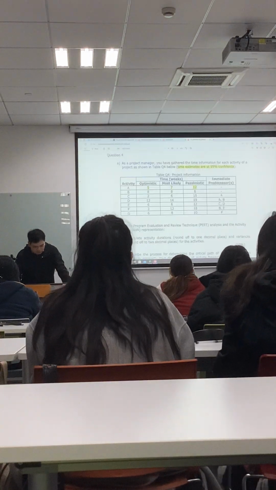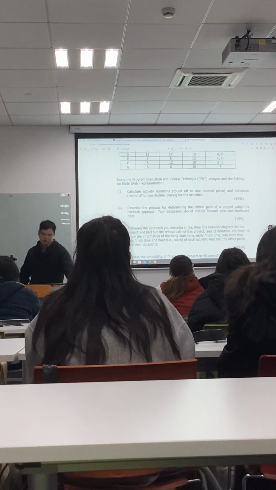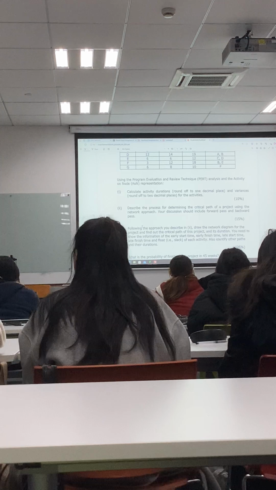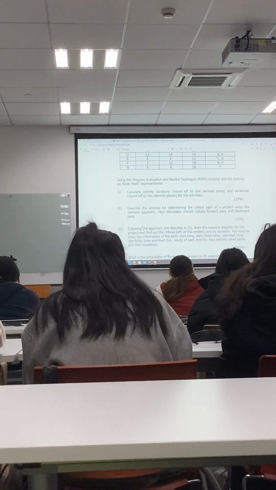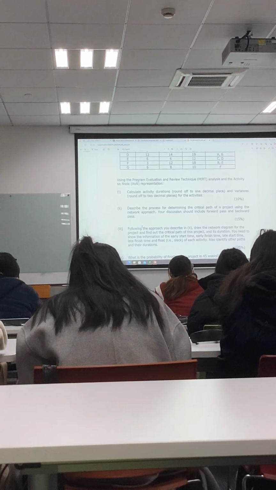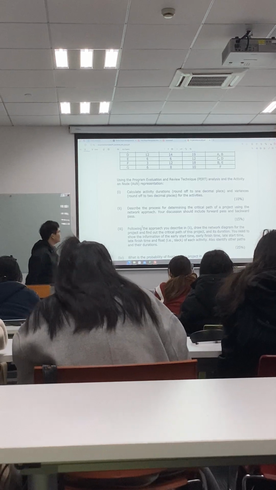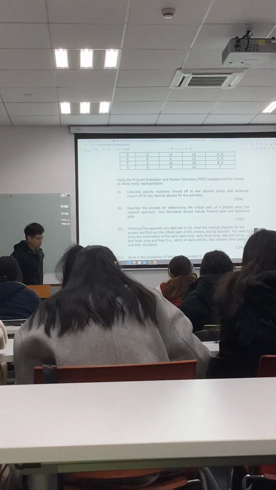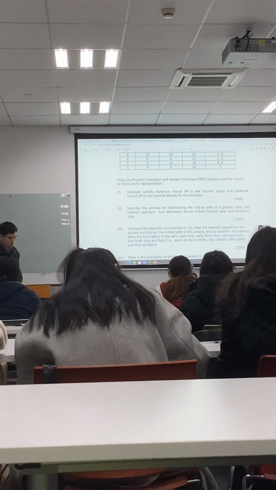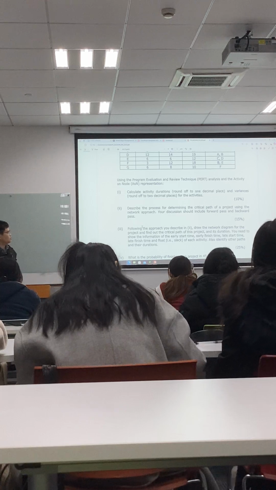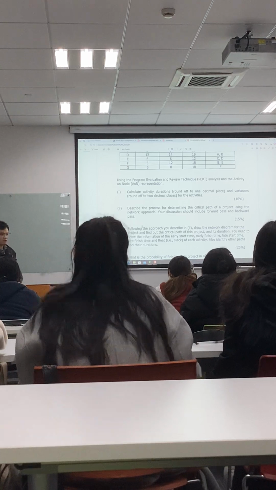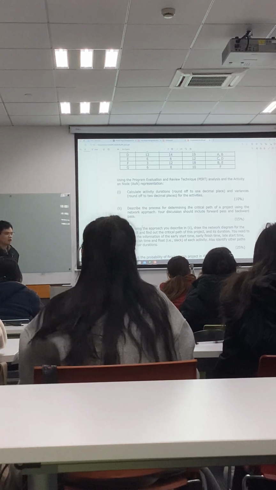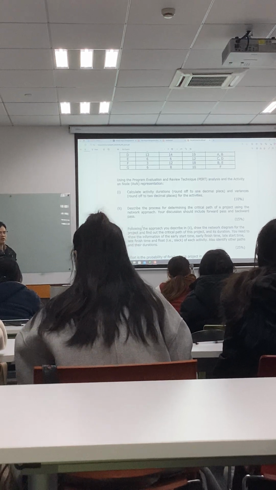And the second question: describe the process for determining the critical path of a project using the network approach. Here the specification is that your discussion should include the forward path and backward path. It is what I just used. Use the forward path to determine the early start and early finish, and use the backward path to determine the late finish and late start, and then calculate the float or slack.